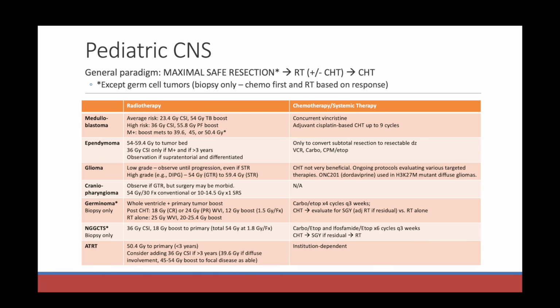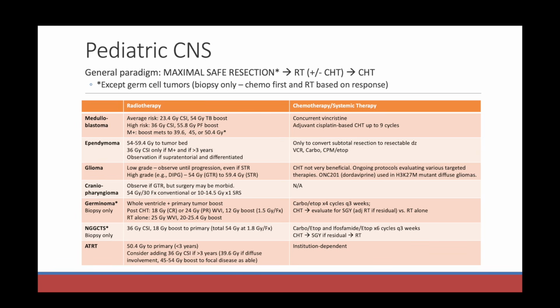So these are easy things to remember, right? If you're less than 3 years, when you get radiation less than 3 years, that's a pretty bad thing for cognitive function. So being younger in this case is bad. So for medulloblastoma, being younger than 3 years is bad. Having gross residual disease with a subtotal resection, that's bad. Having metastatic disease is bad, and having anaplastic or large cell histology is bad.